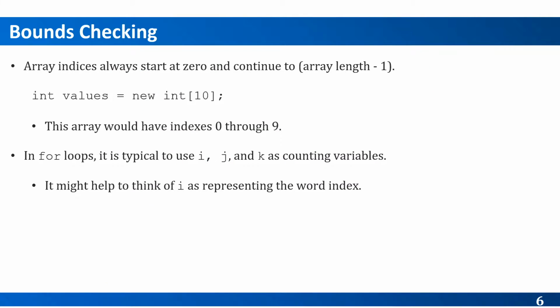So I think at this point, as we said, they are always starting from 0 and they stop at array length minus 1. So if I declare something like this, new int 10, this tells me that this is going to be, that is not good. Here there should be a square bracket.